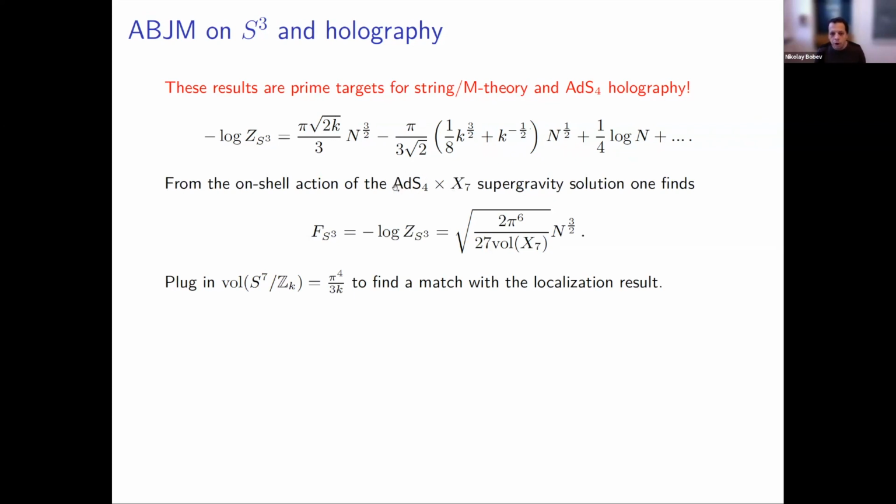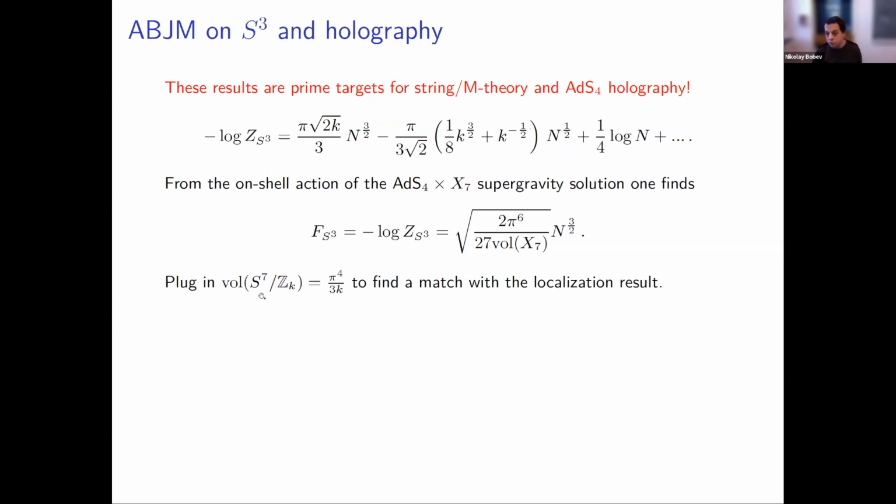So it is quite easy to take any solution of this form where X7 is an Einstein manifold and evaluate it on shell. This will be a divergent answer. Then there are well-known ways to regulate this answer and get a finite result. And the result looks like this. It depends only on the volume of this internal space.